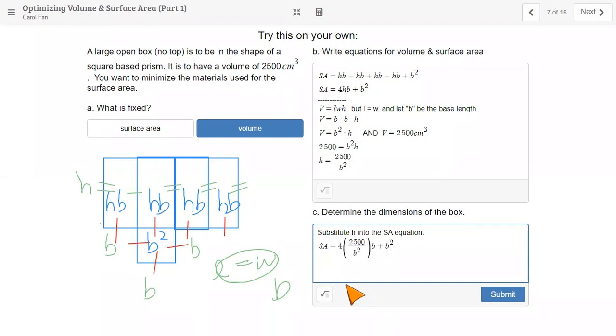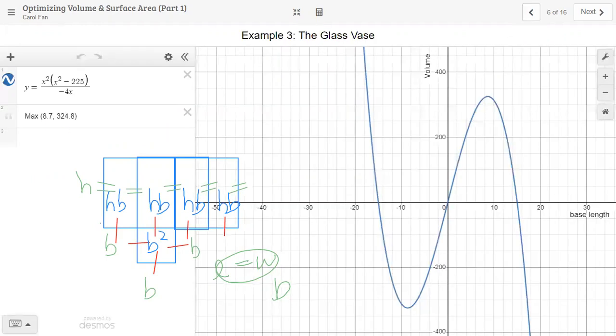So this is a bit of a mess, but I'm going to put this into a graphing calculator, and that kind of solves my problem. So for graphing, the y-axis is surface area, and the x-axis is B, the base length of the square bottom. Let's take this equation and plop it into our graphing calculator.